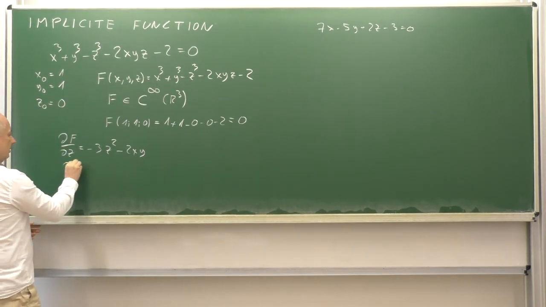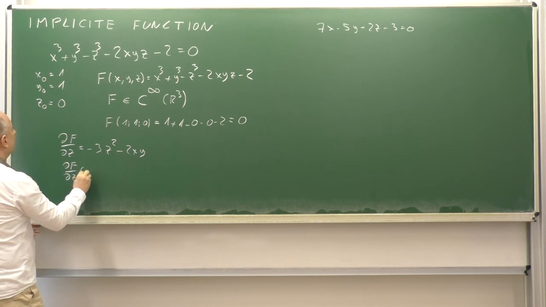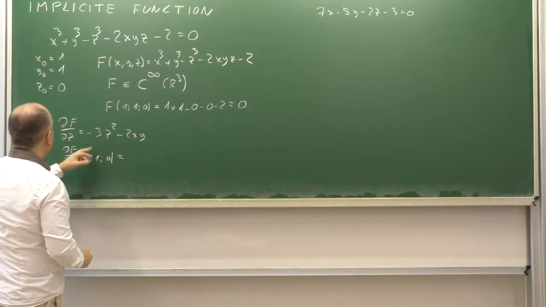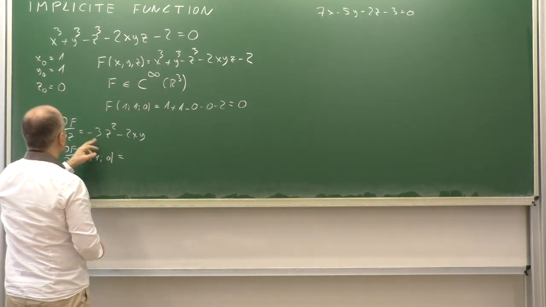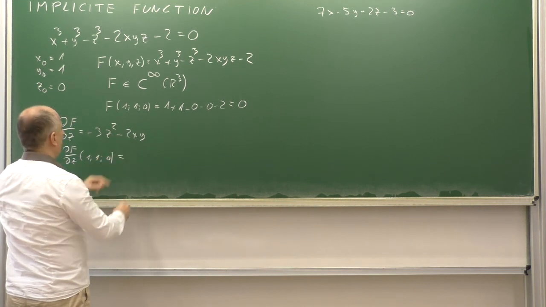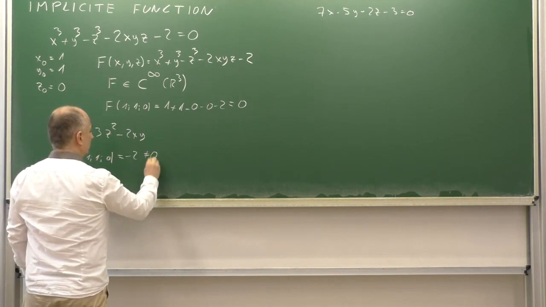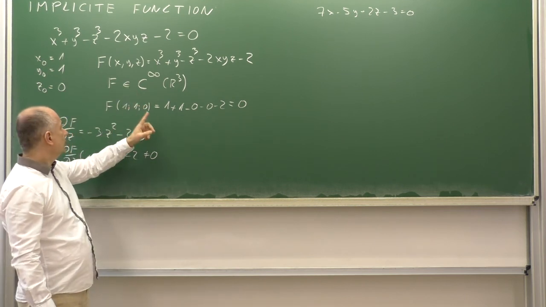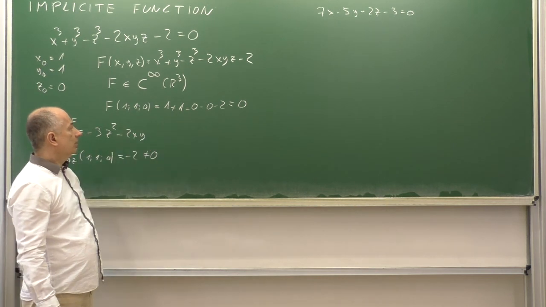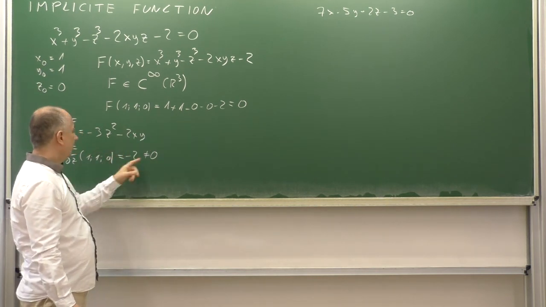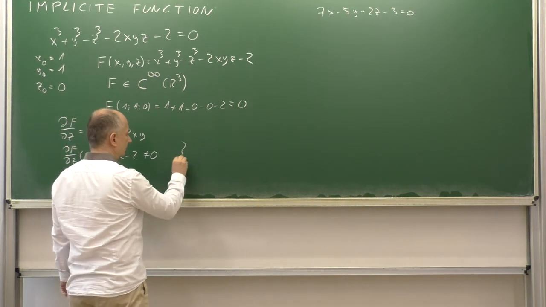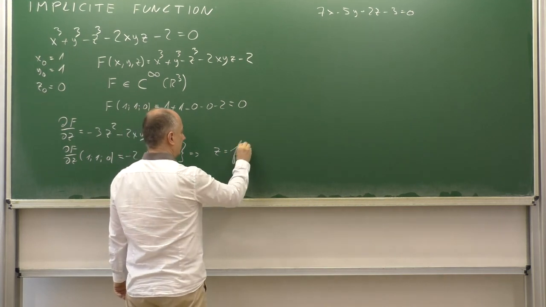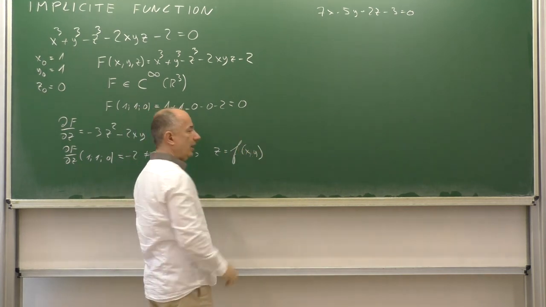Then we evaluate this derivative at the point (1, 1, 0), and we have 0 minus 2, this is non-zero. That means, using these 3 results, F is continuous, the point lies on the surface, and the derivative is non-zero. That means there exists a function relating z and x, y.